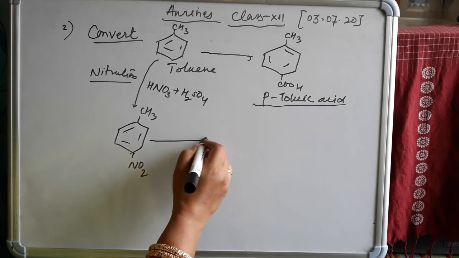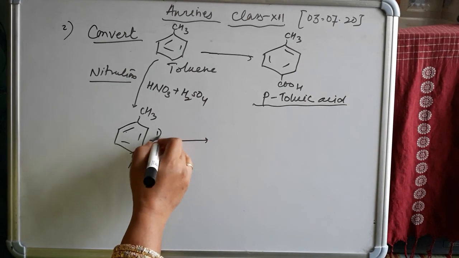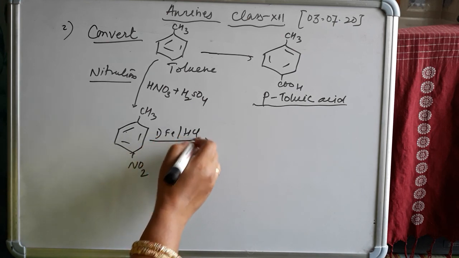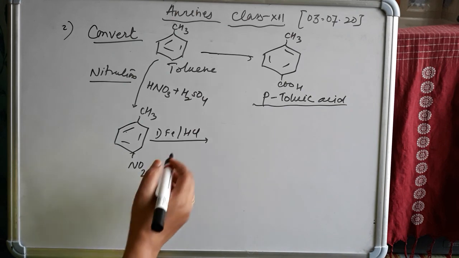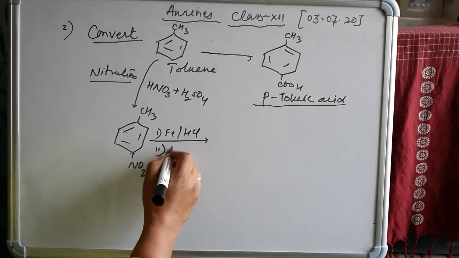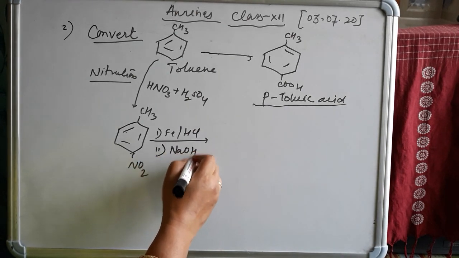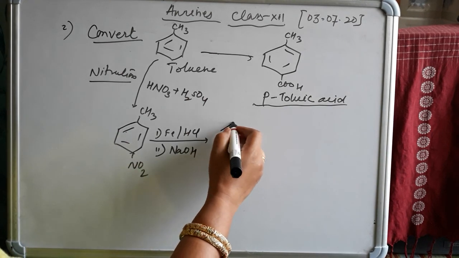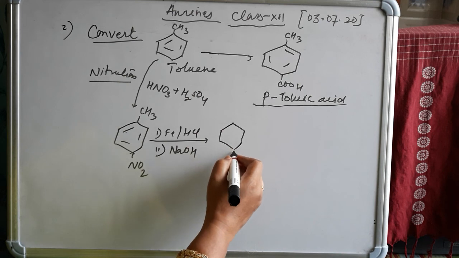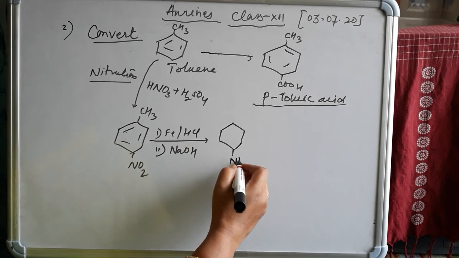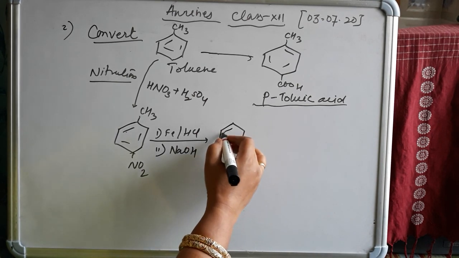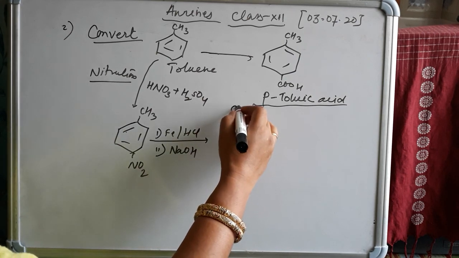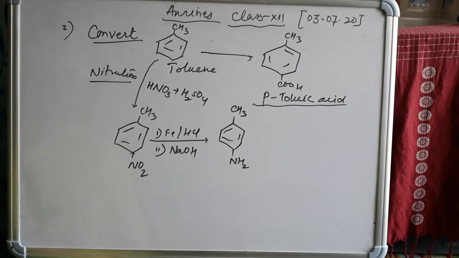We again use Fe/HCl, meaning reduction of this group takes place, Fe/HCl or either Sn/HCl in the first step, and in the second step NaOH will be used. So obviously after reduction we have the NH2 group at this position and here is the CH3.